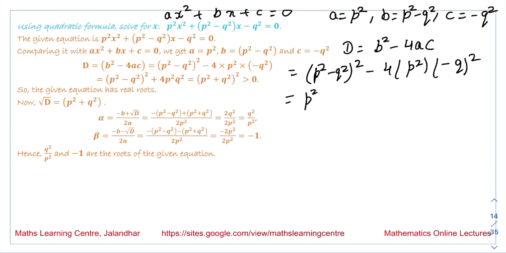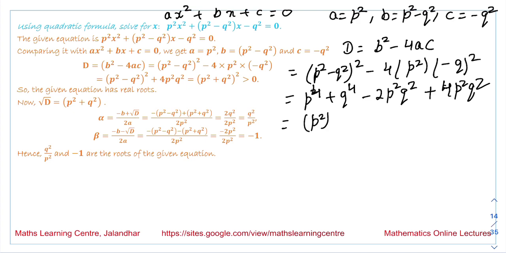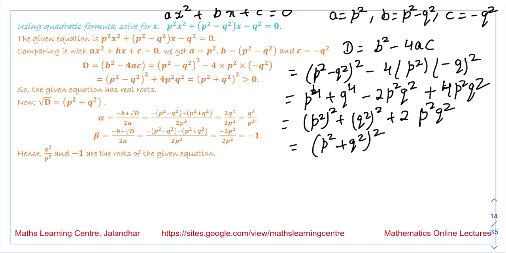So this is p raised to the power 4 plus q raised to the power 4 minus 2p square q square plus 4p square q square. So the answer we get is (p square) whole square plus (q square) whole square plus 2 times p square q square, that is equal to (p square plus q square) whole square.